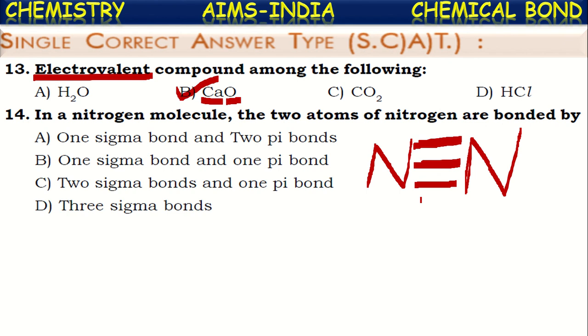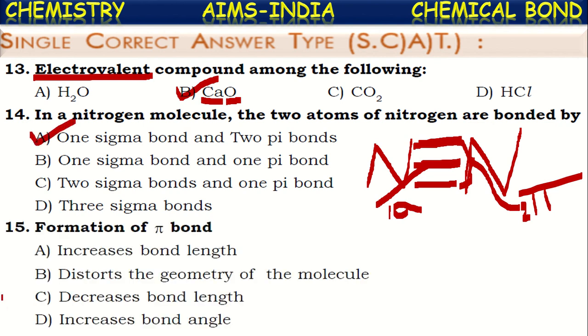Out of this triple bond, one will be a sigma bond and the remaining two will be pi bonds. Between any two atoms there exists only one sigma bond and the remaining are pi bonds. Okay, there is one sigma bond and two pi bonds in the nitrogen molecule. This is correct.